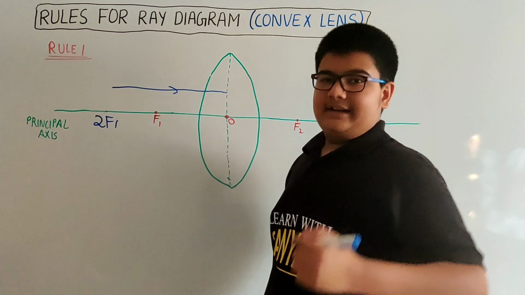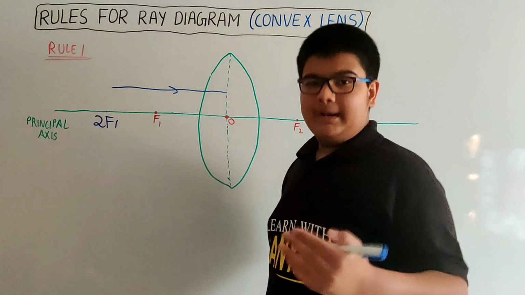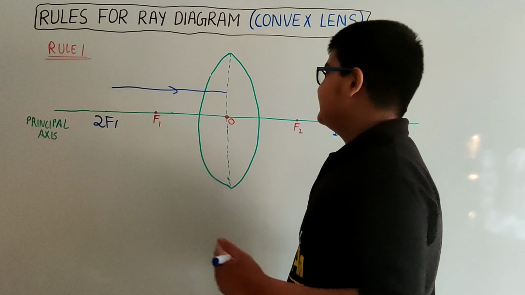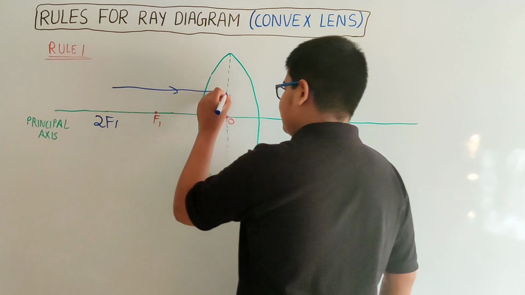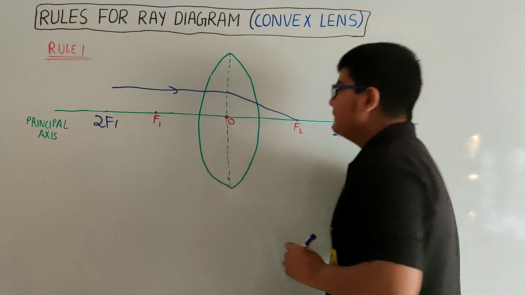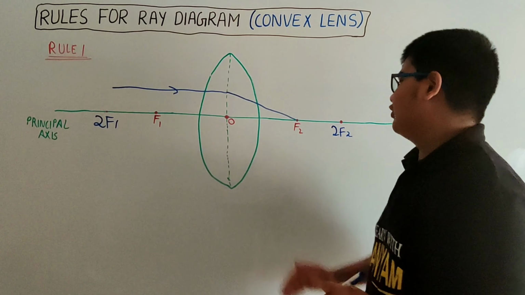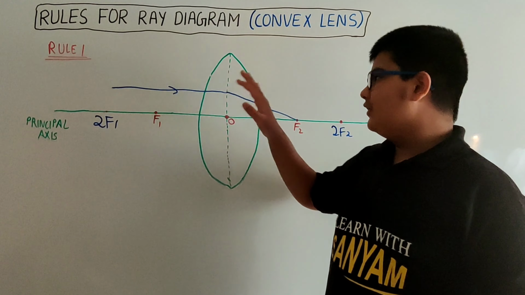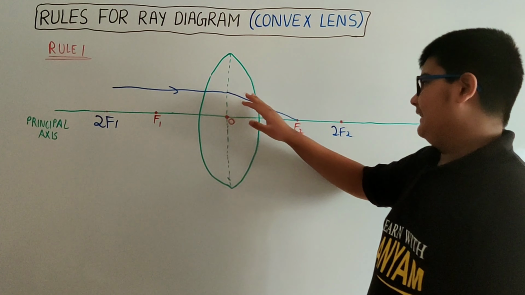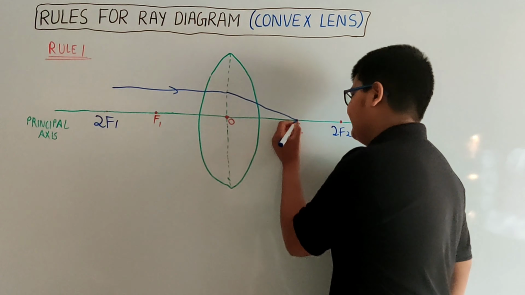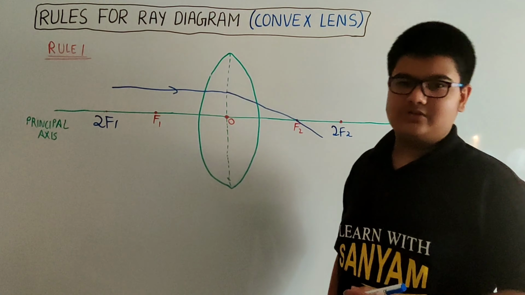Now when it gets refracted, it will pass through the focus. As you know, a convex lens is a converging lens, so this ray will converge and meet at the focus, that is the F2 point. So this was the first rule: if the incident ray is parallel to the principal axis, then on getting refracted it will pass through the focus, that is the F2 point. And if we extend it, we can extend it like this also.